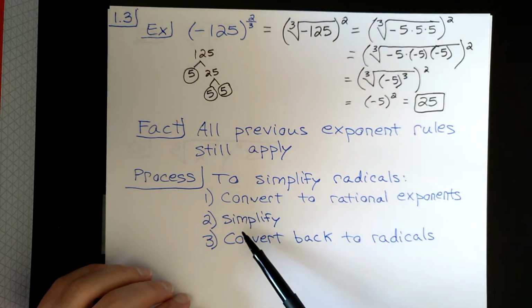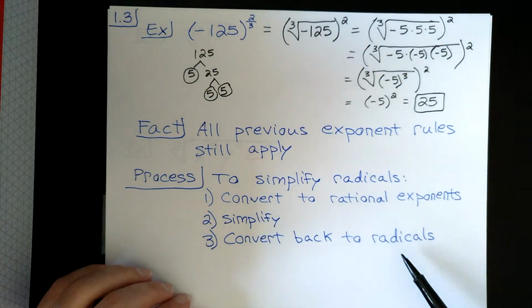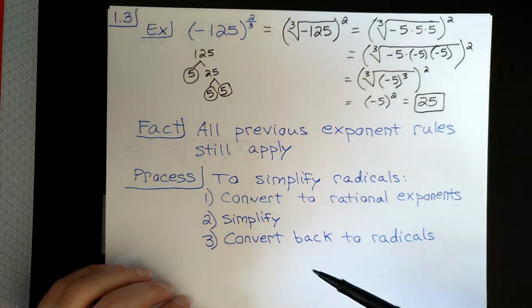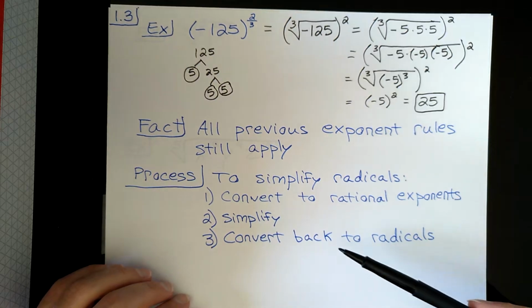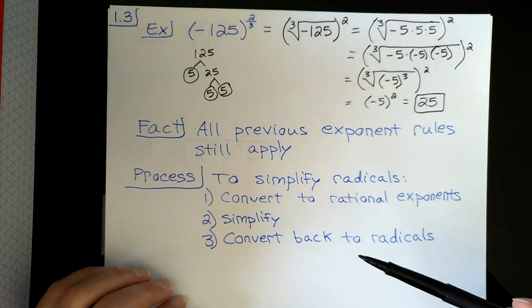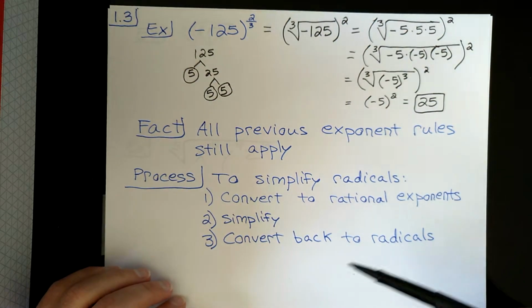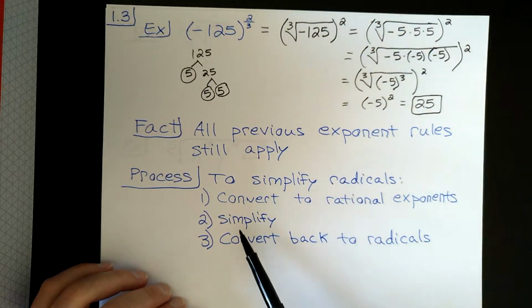Once we do that, we will simplify the fractions and then convert back to radicals. If you start with a radical, you should end with a radical. If you start with a rational exponent or fractional exponent, you should finish with a fractional exponent. Your problem should always end in terms of what it started with. So again, convert to rational, simplify, convert back to radical.